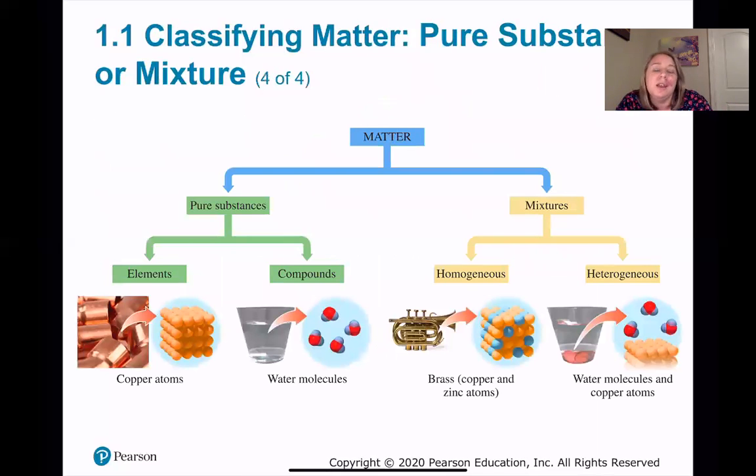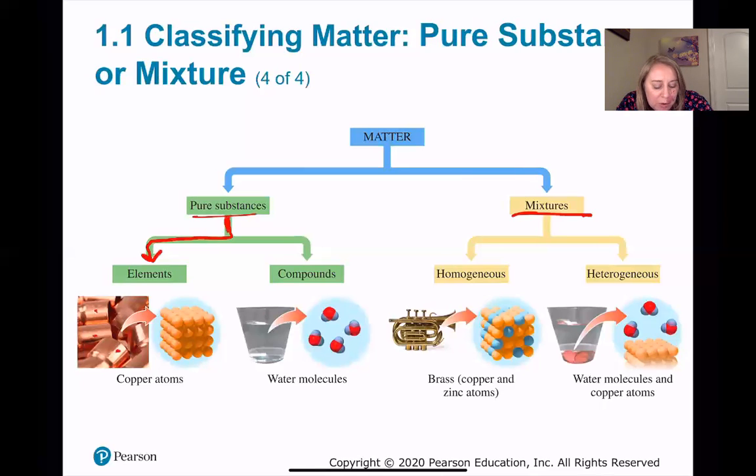Okay, so here's our overall classification of matter. We can separate it into one of two things, either a pure substance or a mixture. A pure substance in its simplest form is an element. You find that on the periodic table. Our example here is copper atoms. These are some copper tubings, but anywhere you sample, it's all just copper.